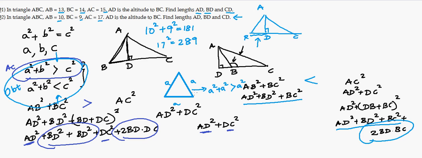So this is always true in an equilateral triangle, which is an acute angle triangle. So if this is happening in an equilateral triangle, then that is what is going to happen in an acute angle triangle, and from that we can know that a square plus b square is greater than c square in an acute angle triangle, and it will be the other way around for an obtuse angle triangle.